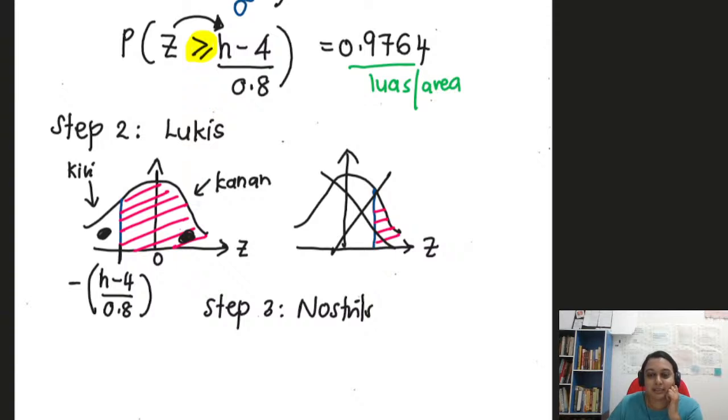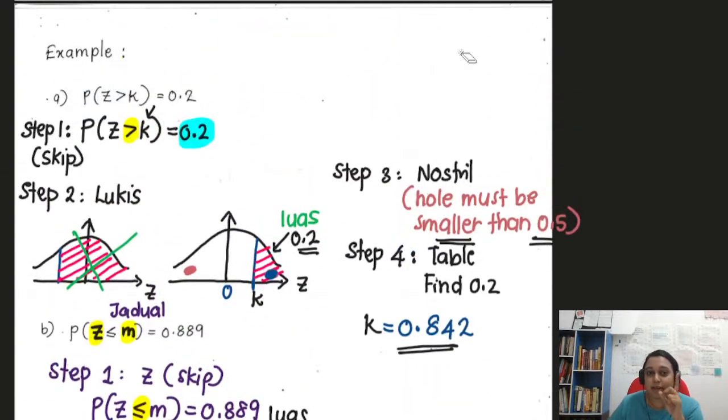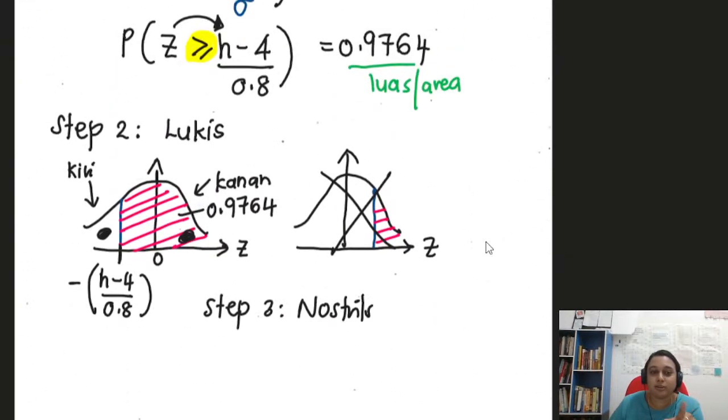Cannot be right. Cannot be the right one. Kita nak. This one is 0.9764 kan? The luas. So the nostril, remember not? The nostril teacher asked you all to choose what? Smaller, kecil daripada 0.5. Which one nostril looks like kurang daripada 0.5? Here, isn't it? The left one. The left lah yang nampak macam kurang daripada 0.5. Remember this.